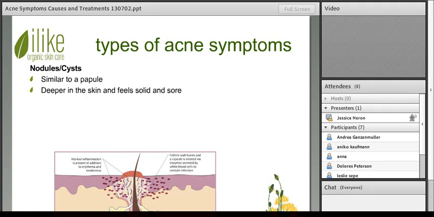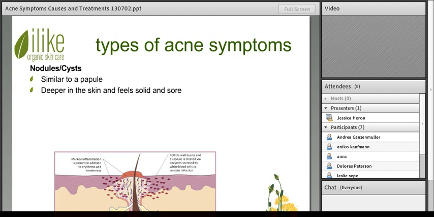Nodules and cysts are similar to a papule, but deeper in the skin, and they feel very solid and very sore. You can see there's marked inflammation here, the redness at the top and also down below by the hair follicle, in addition to erythema and tenderness.